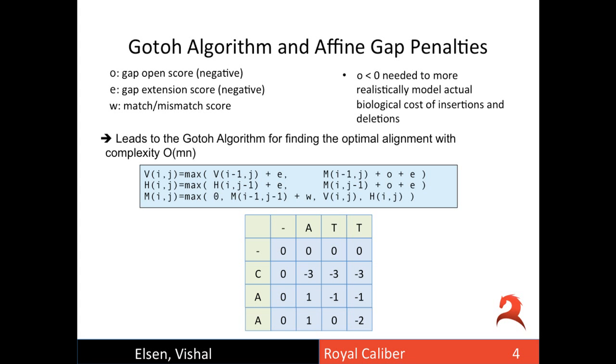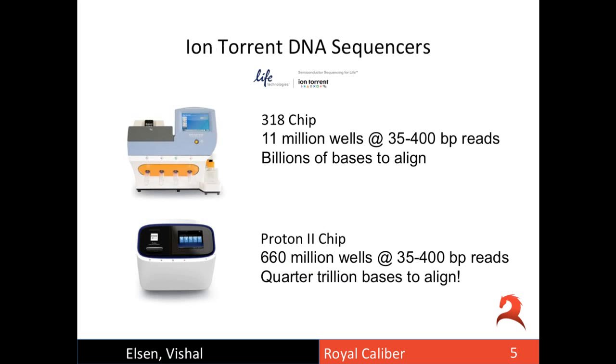I'm not expecting you to read these equations right now, but basically the data dependency is, if we're trying to fill in this cell, we depend on the 3 cells to the top, upper left, and left. And the calculation proceeds from there as we fill in the matrix. And the goal is to find the cell that has the highest score, and using that, we can figure out what is the best alignment between these 2 sequences.